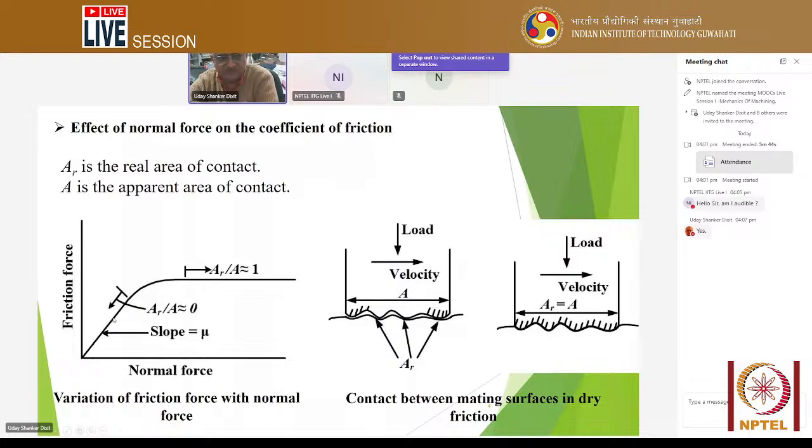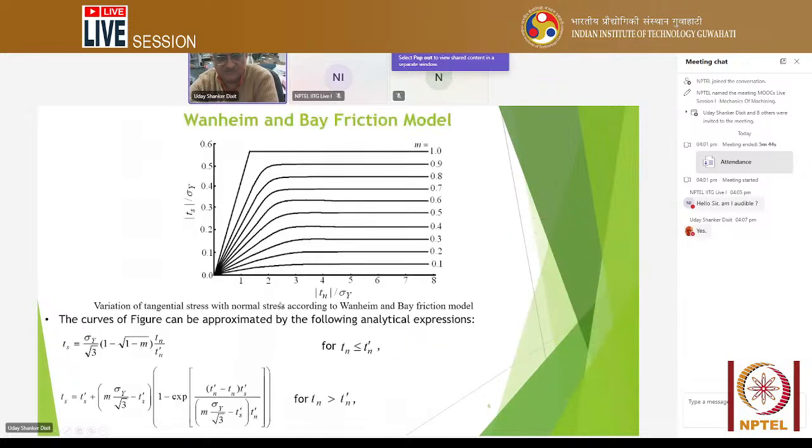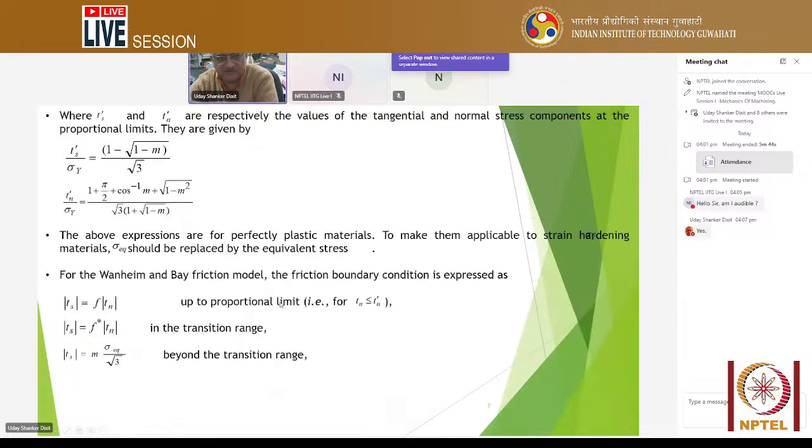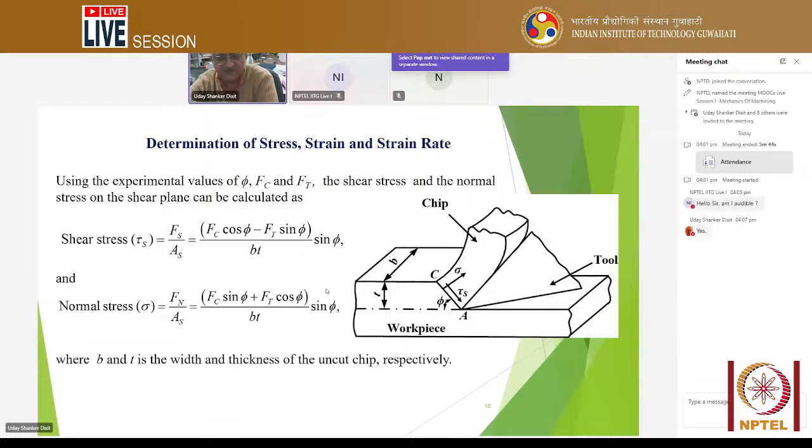That means Coulomb law is valid in the beginning, but after that it saturates. So we discussed many models like the Bowden and Tabor friction model and velocity dependent friction also, that is, as velocity increases, the friction force decreases.